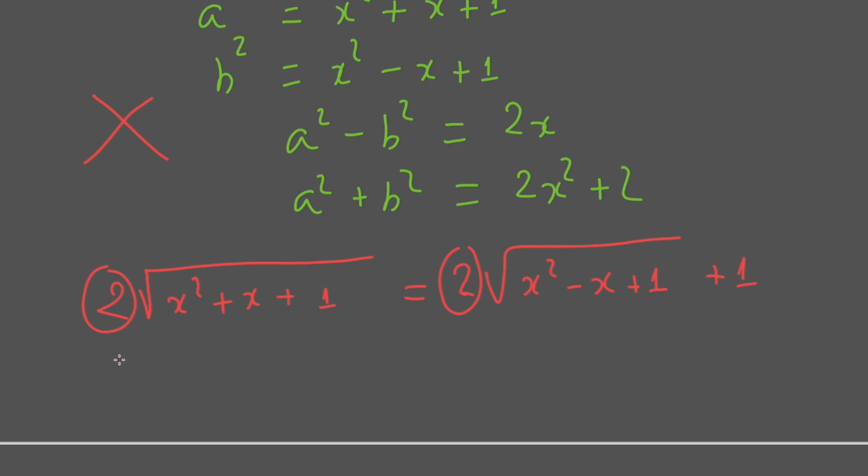Now let's do it. So this will be 4 times (x squared plus x plus 1) equal to 4 times (x squared minus x plus 1) plus 4 times the square root of x squared minus x plus 1, plus 1.